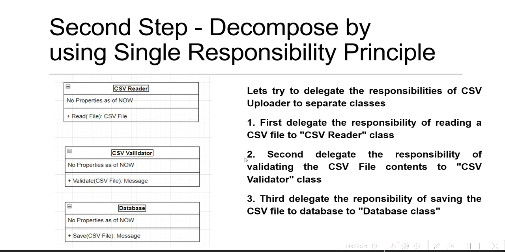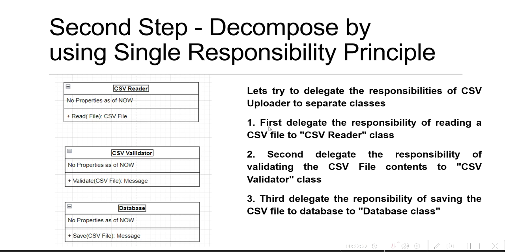Okay, so here what I've done is, I have decomposed the monolith class, a big huge class, into three different classes based on the responsibility. I have delegated the responsibilities of the CSV Uploader to separate classes.